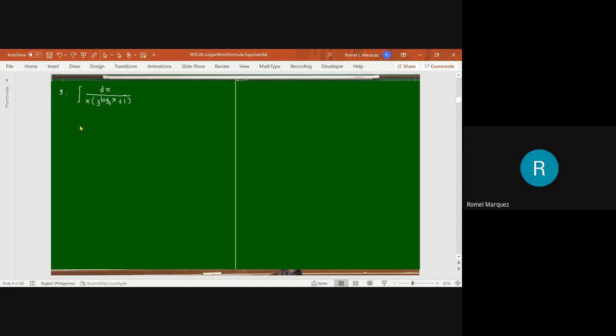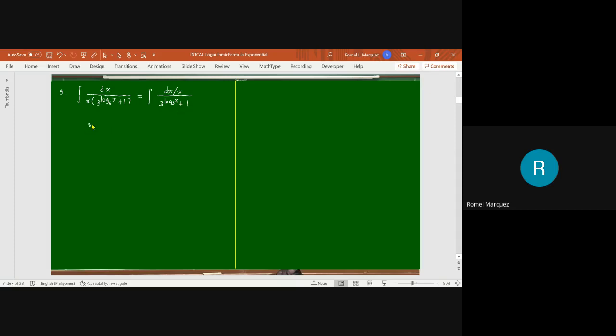It means we have to include that 1 over x in the numerator. It is not supposed to be part of the denominator. So, dx over x over 3 to the logarithm of x to the base 5, then plus 1.